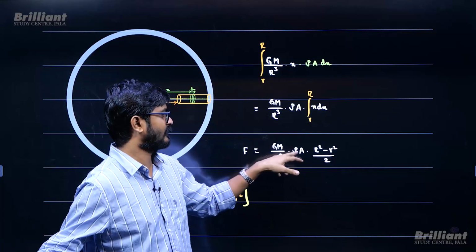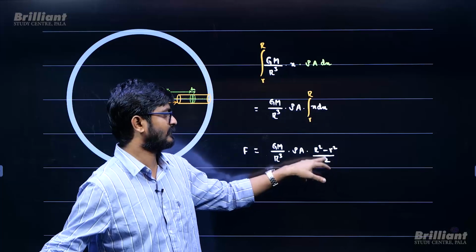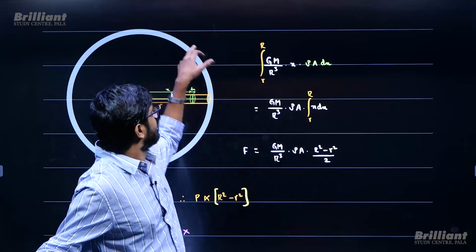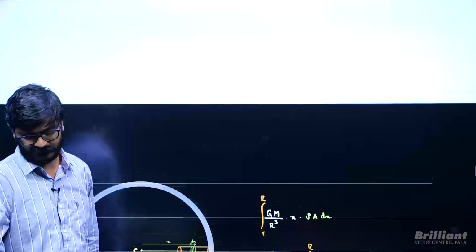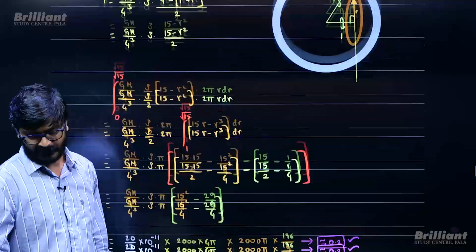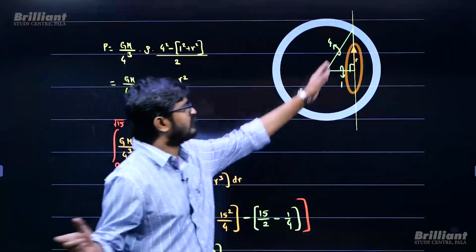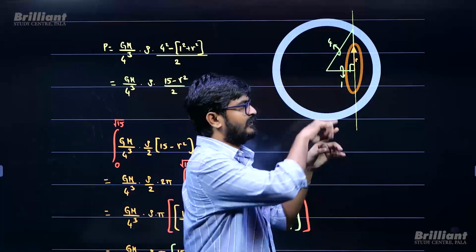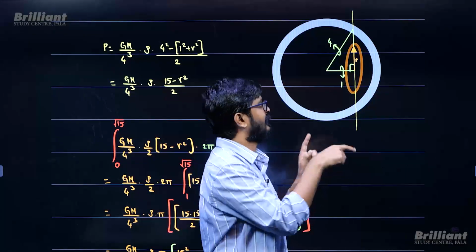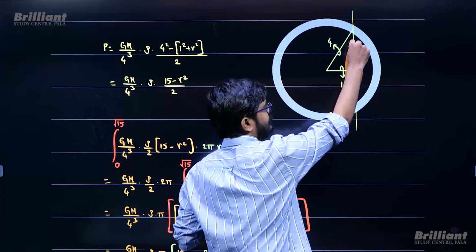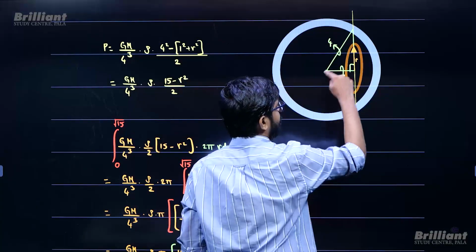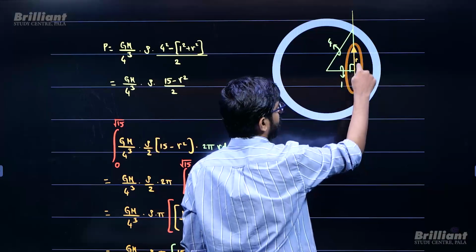So that is GM by R cube into rho into R square minus r square by 2, where this capital R is the radius of the bigger sphere, and small r is the point where I am finding it. So I am going to use the pressure approach. I need to find the force on this circular cross section. So I am going to take one ring of radius r and thickness dr. If this radius is r and this thickness is dr, then this corresponding length is going to be root of 1 square plus r square.